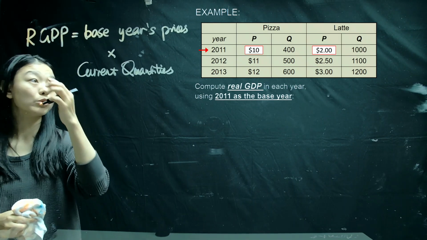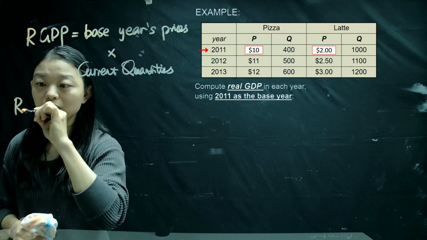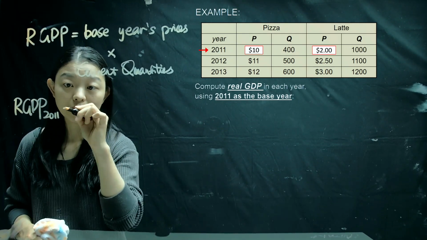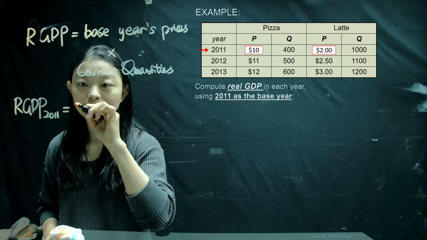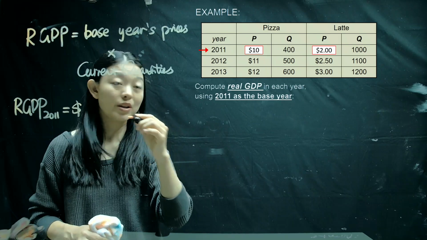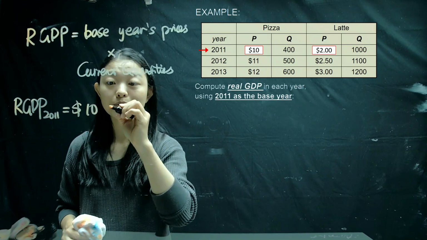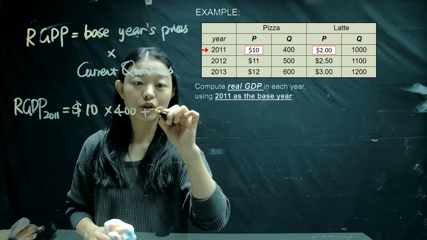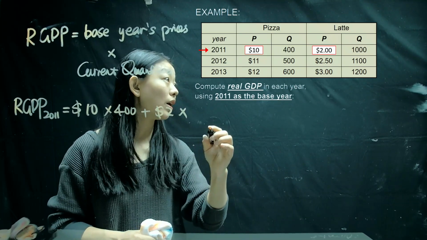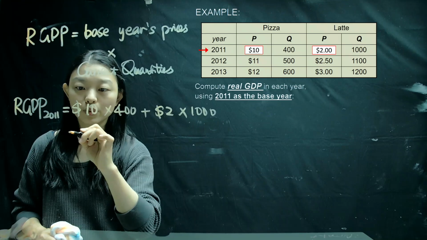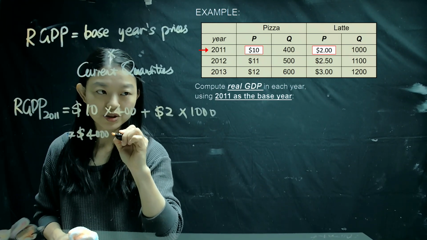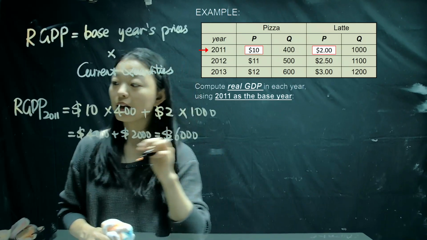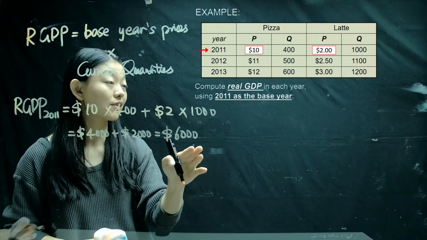For example, real GDP in 2011 equals the price in 2011 for pizza, $10, times the quantity, 400, plus the price for latte, $2, times the quantity. So we have $4,000 plus 2,000, and the real GDP in 2011 equals $6,000.